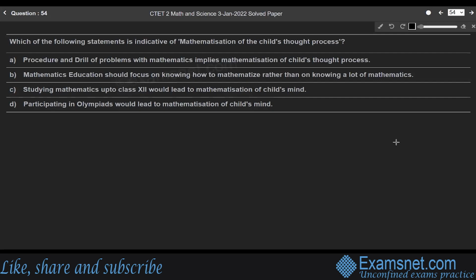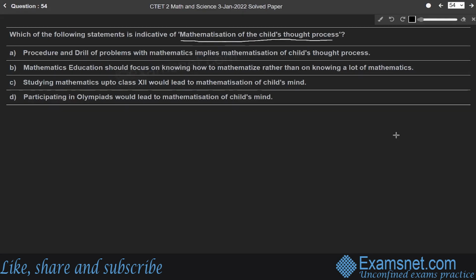Question 54. Which of the following statements is indicative of mathematization of the child's thought process? Here, developing logical and problem solving abilities in children is the main objective of teaching math according to NCF 2005, National Curriculum Framework 2005.